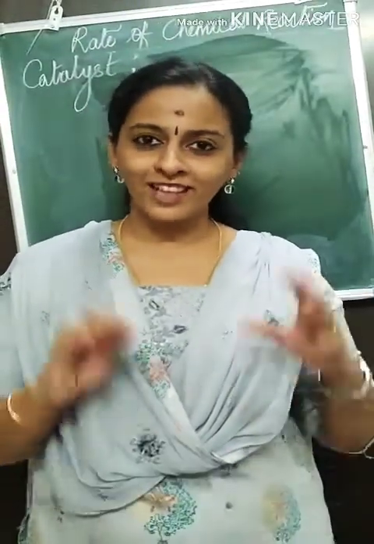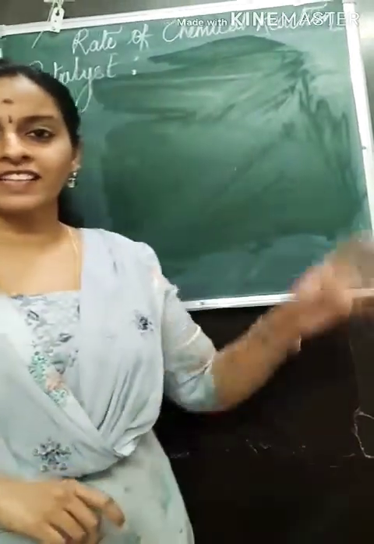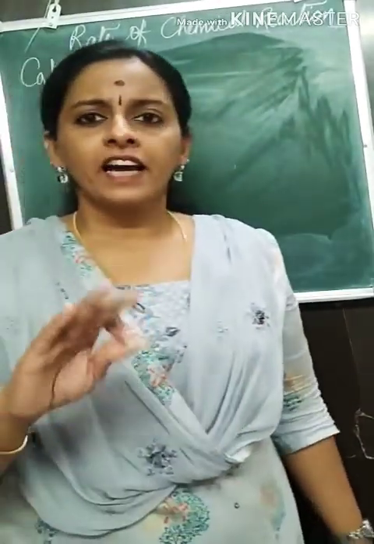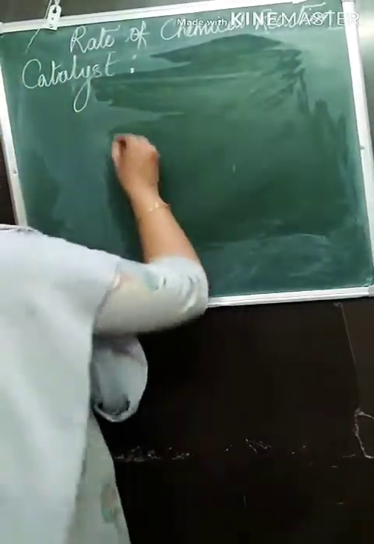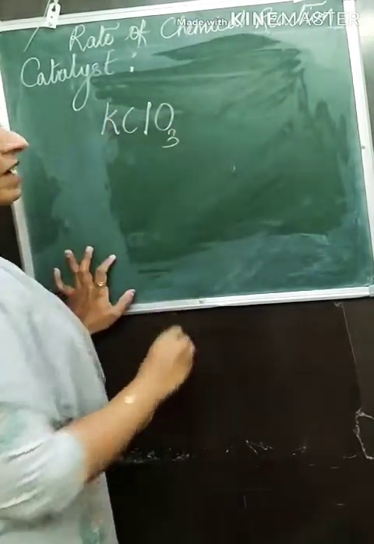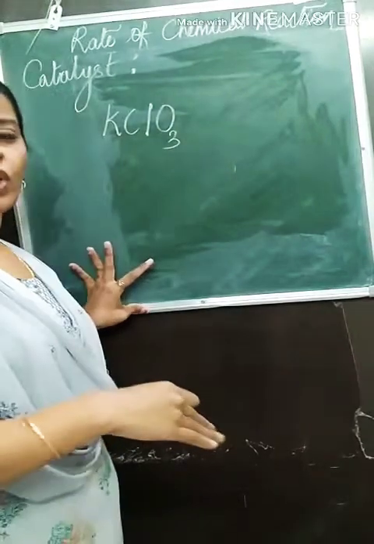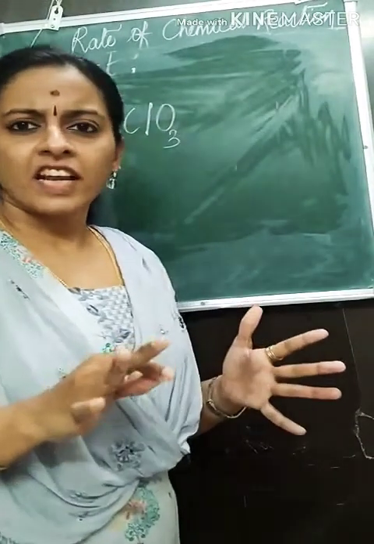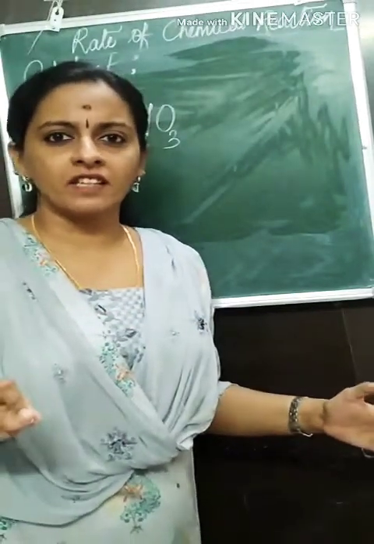Let us talk about the last and very important factor, that is catalyst. Again, we have discussed catalyst in our previous classes. Example here is potassium chlorate, KClO3. Even when you heat it or you use powdered potassium chlorate, the rate of reaction does not increase.